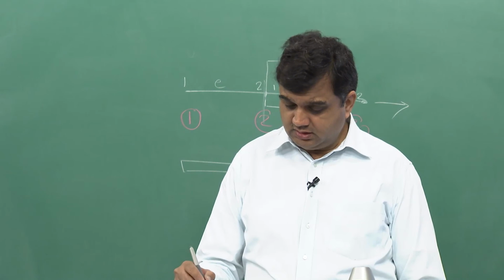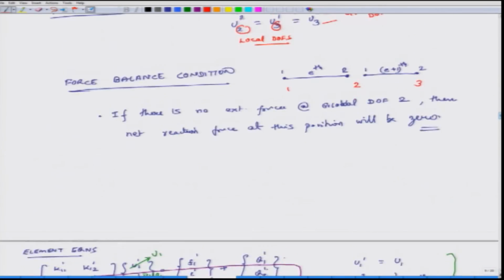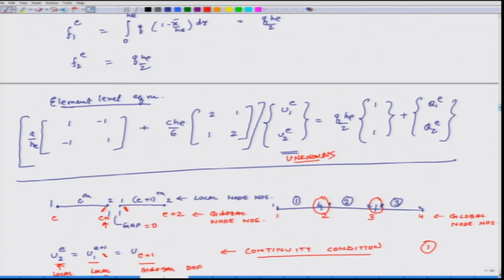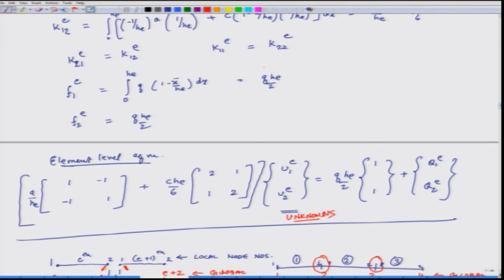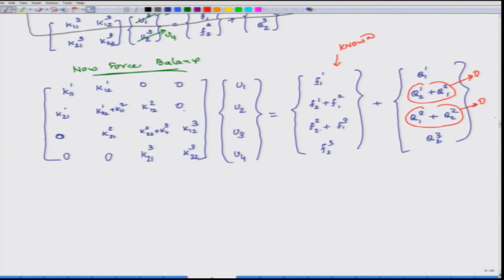Okay. So, now this vector is known. Why? Because we know Q is known and HE is also known, right. So, this vector is known. All the elements in this matrix we have calculated, so this is also known.